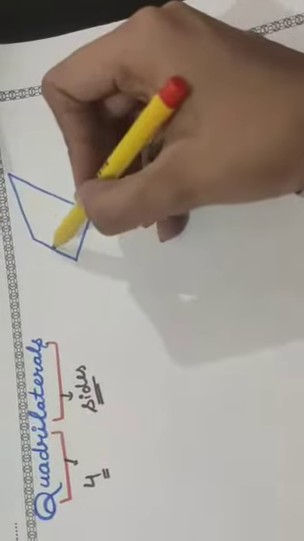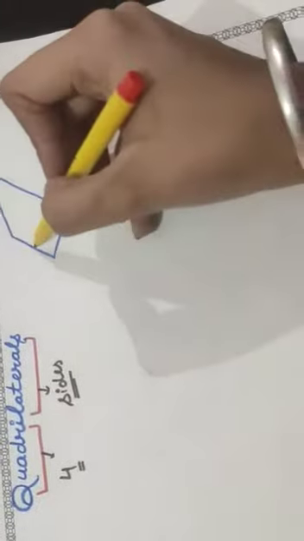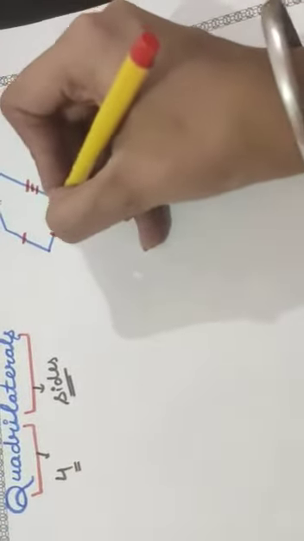Now let's draw the figure on the plane. Suppose this is a quadrilateral. Since it consists of four sides, it is a closed figure. Closed hai bacha? Four sides: 1, 2, 3, 4. Bacha, it's not necessary that they are equal, so we are representing them differently.